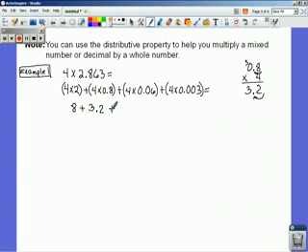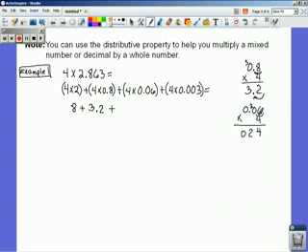Alright, now we must do the same thing with 4 times 0.06. So we will come to our scratch area again. We'll say 0.06 times 4. 4 times 6 is 24. Carry our 2. 4 times 0 is 0 plus 2 is 2. 4 times 0 is 0.